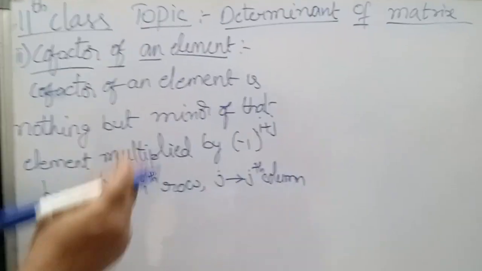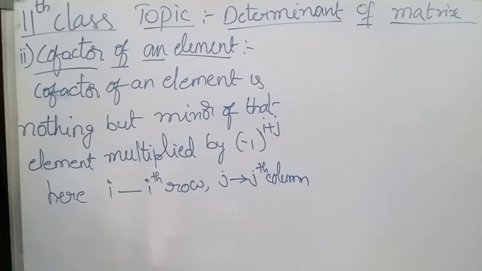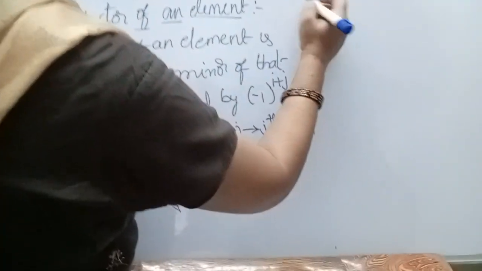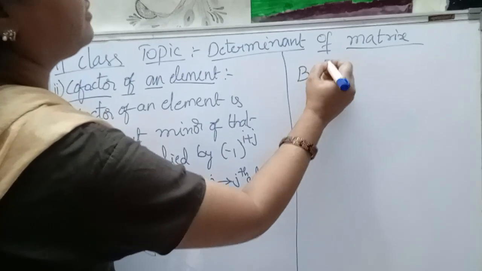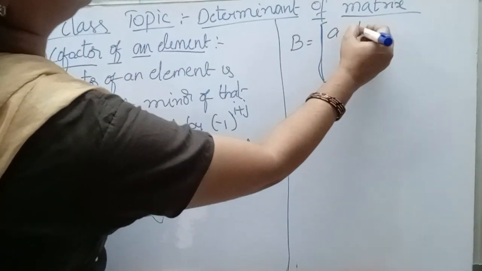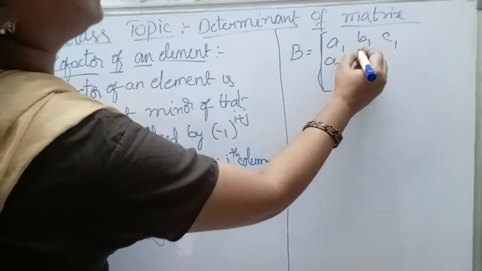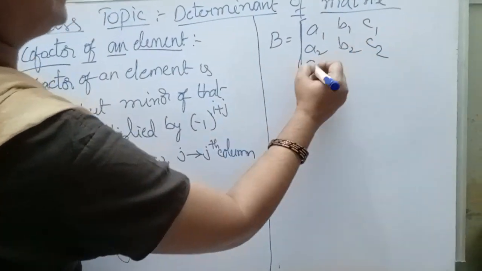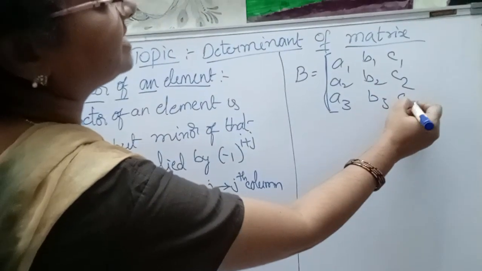Let us take one more example: B equal to a1 b1 c1, a2 b2 c2, a3 b3 c3.